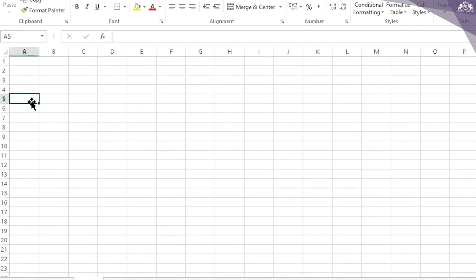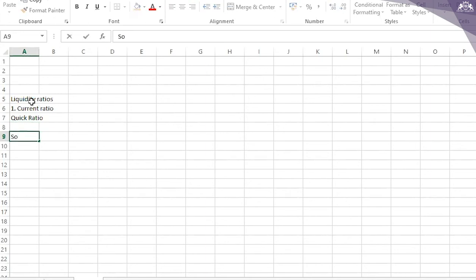We did liquidity ratios. First, current ratio. Then we did quick ratio. Okay.